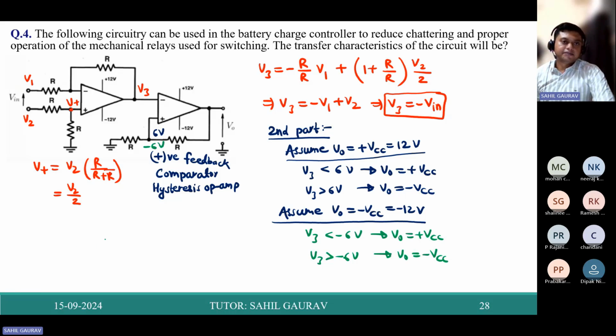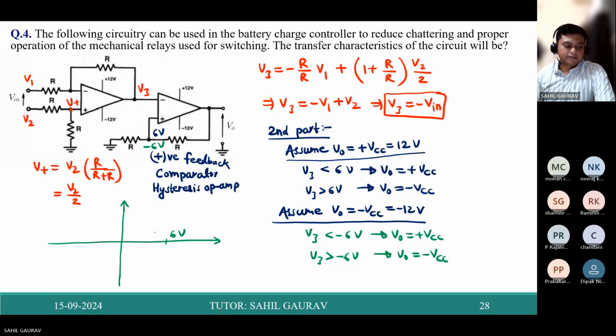Therefore, we can make the output of this circuit. Let us first take this 6 volt.